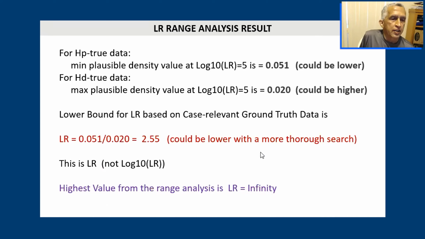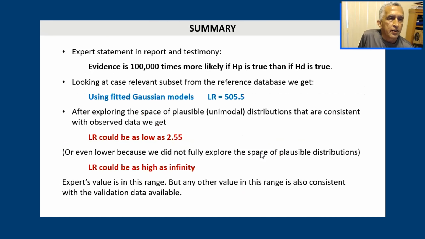Now it turns out that I'll summarize what we found using Gaussian models and using the more thorough search. Using Gaussian models, we found an LR of 505. Expert says LR is 100,000. The range analysis says LR can be anywhere between 2.55 and infinity.